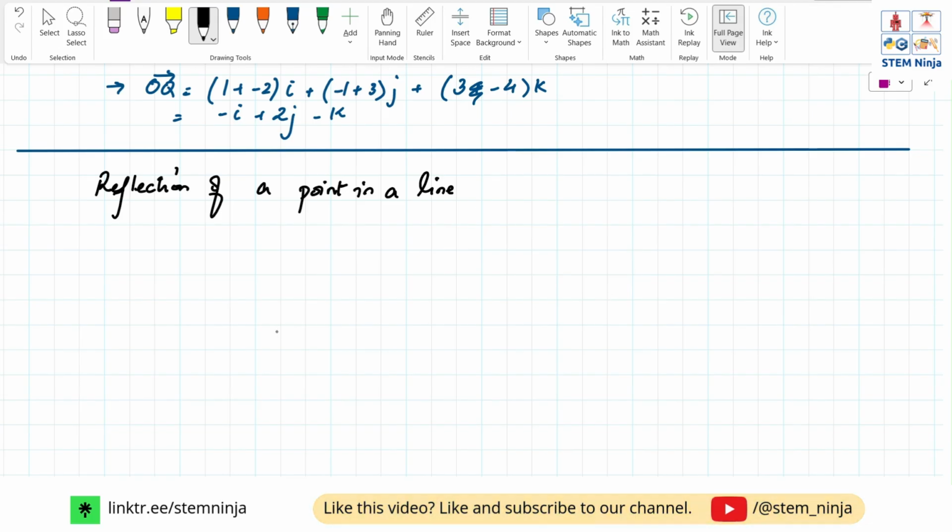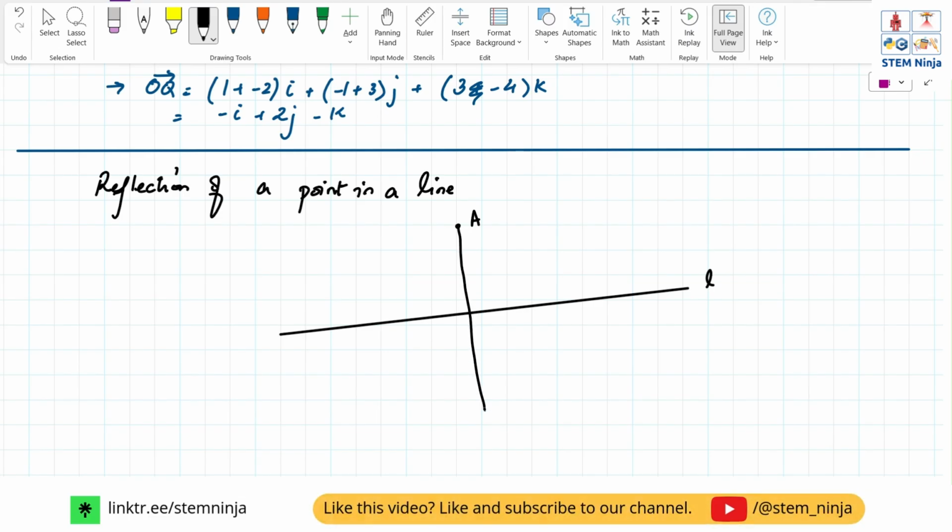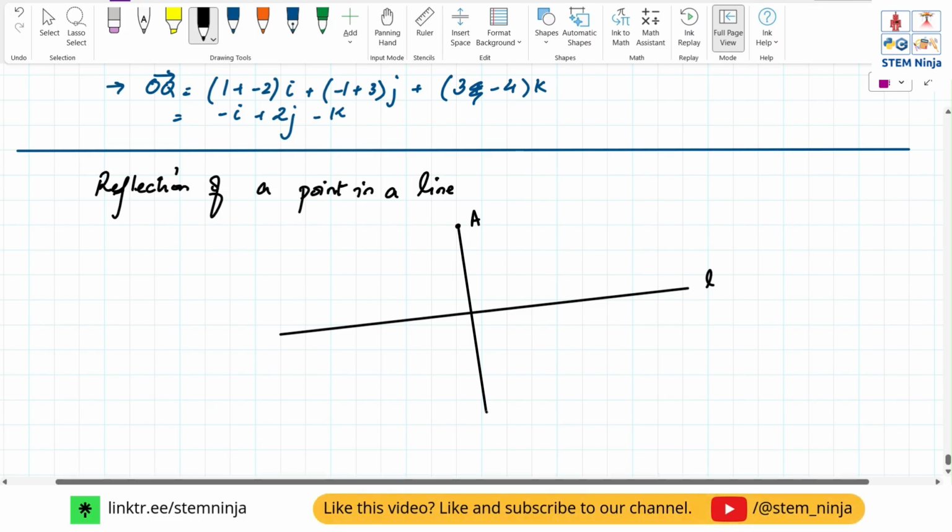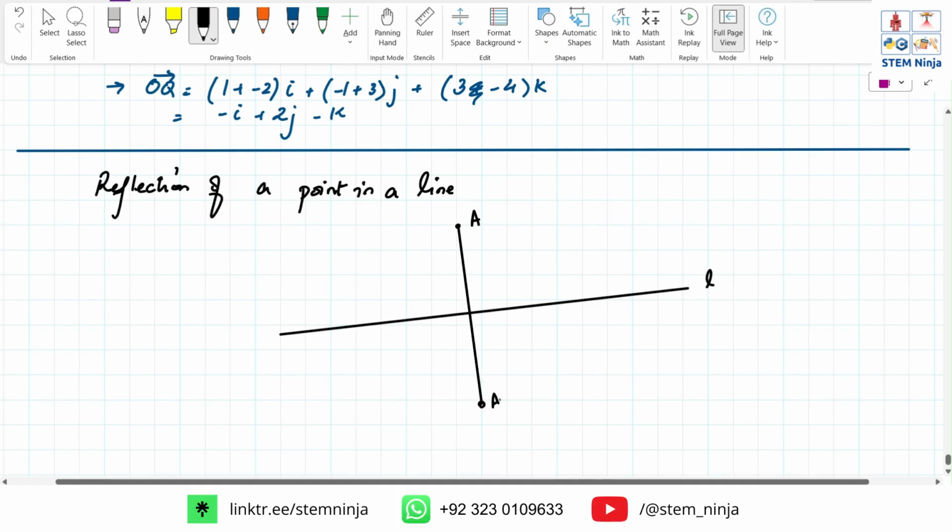So we know this from the IGCSE also: let's say this is point A, this is line L, and we need to find the reflection of point A in the line L. It's not only the same distance from the line L, the line connecting the original point and the image is also perpendicular.